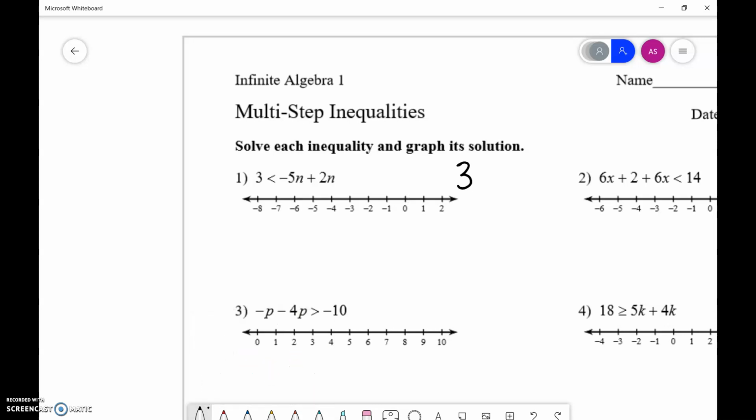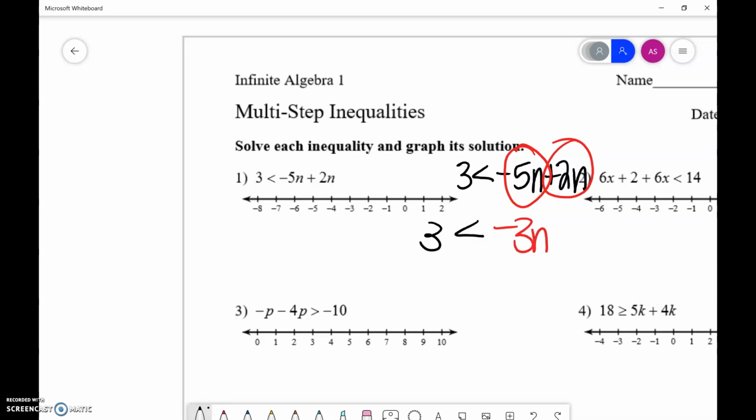So I have 3 is less than negative 5n plus 2n. I first want to start off by combining like terms, which is negative 5n and 2n. That's going to give me negative 3n. Then I'm going to bring down my 3 and my less than sign. From here, I'm going to divide by negative 3.